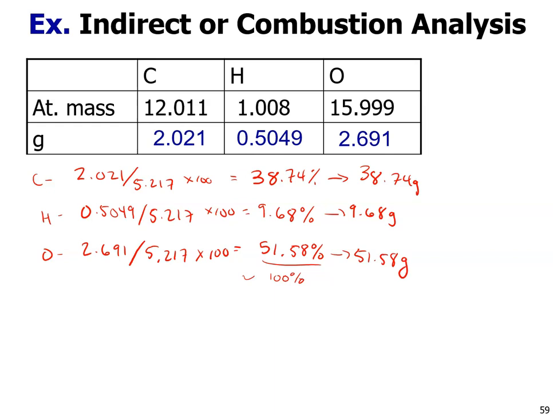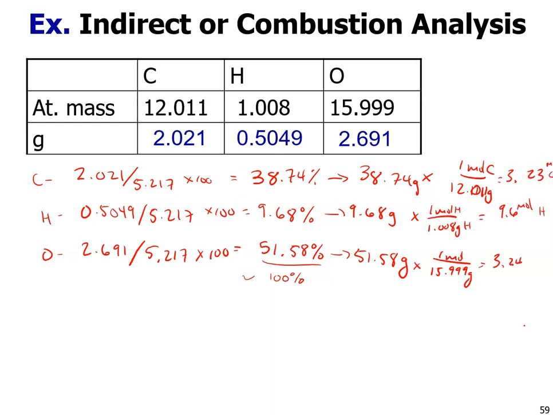We can convert those back into the number of moles using the atomic mass. Then I'm able to get approximately 3.23 moles of carbon, 9.6 moles of hydrogen, and 3.24 moles of oxygen.